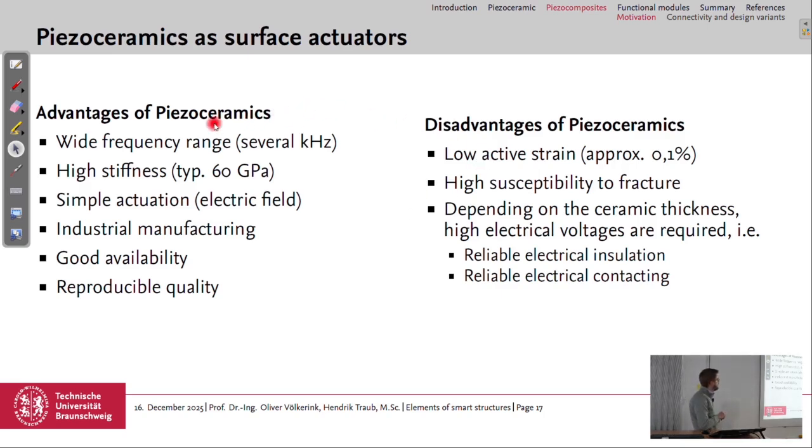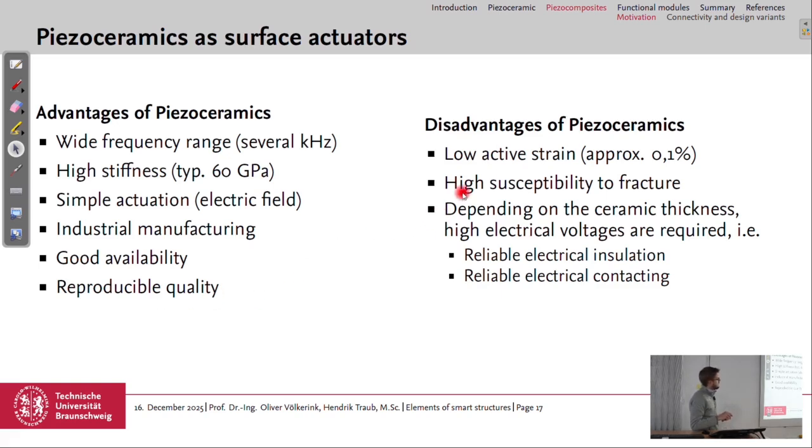The piezoceramic has several advantages: a wide frequency range for dynamic application. We have a high stiffness, up to 60 or 64 gigapascals. We have a simple actuation by the electric field. It can be manufactured on an industrial scale, and it has good availability and also reproducible quality.